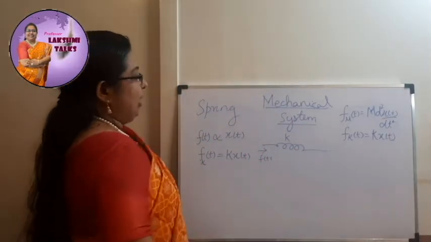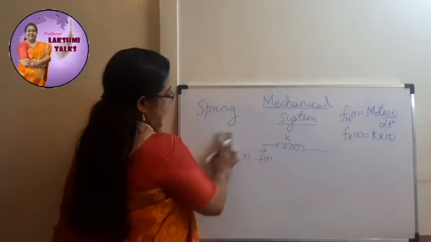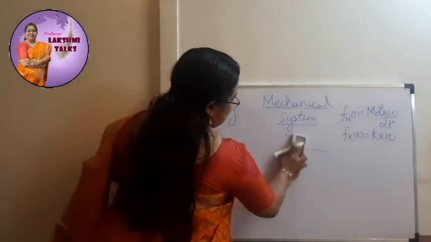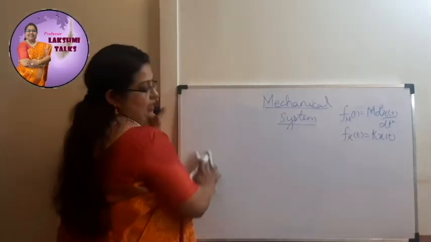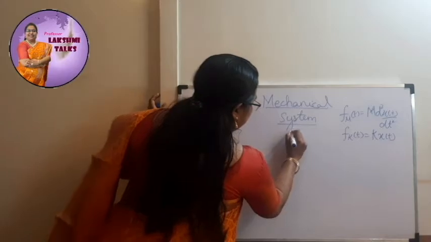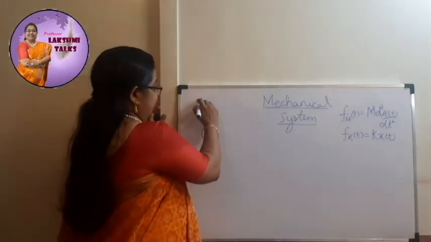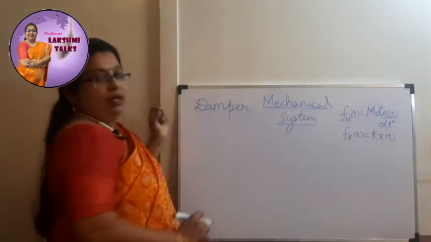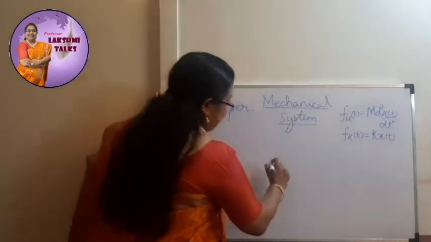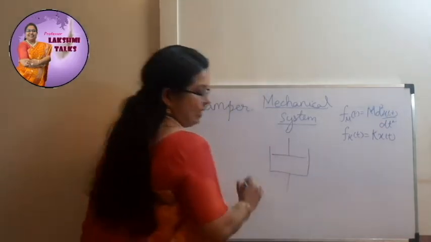Now we'll go for the damper. What does a damper mean? A damper is to suppress. Suppress what? The friction. How to suppress the friction? You need lubrication, right? How will the lubrication be provided? The very notation of a damper is a piston cylinder arrangement, right?